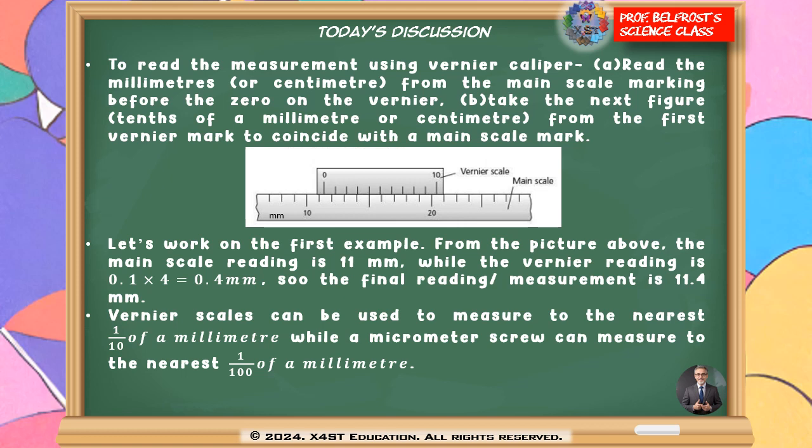Four coincides with a main scale mark, right? So 0.1 times 4, which is 0.4 millimeter. So the final reading of the measurement is 11.4 millimeters, right? A vernier scale can be used to measure to the nearest tenth of a millimeter, while a micrometer screw gauge can measure to the nearest hundredth of a millimeter.